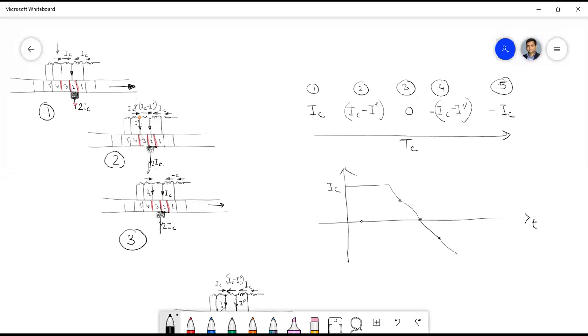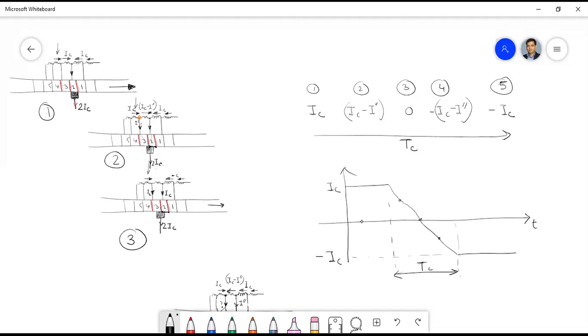Then it will be minus Ic at this point. So this is minus Ic, and this time is called the Tc, commutation time. So this is called the commutation.